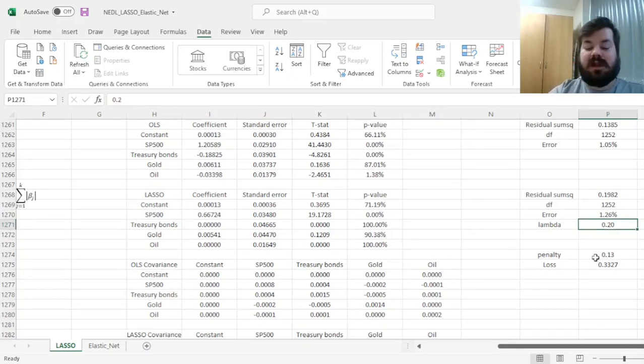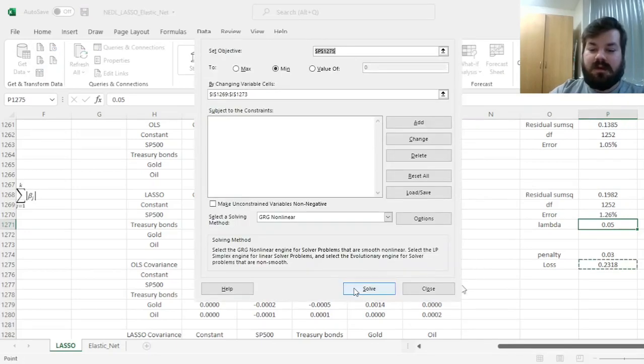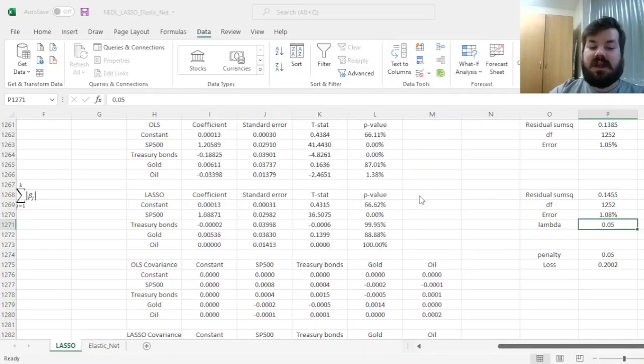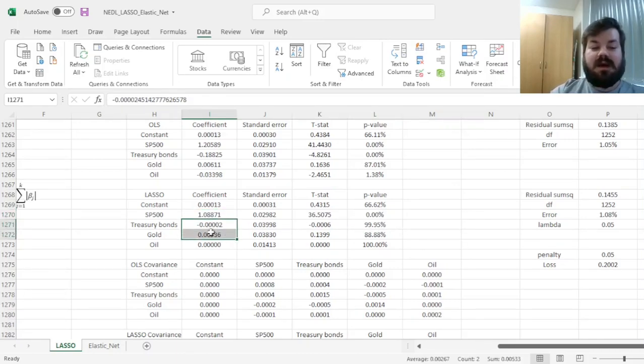If we play around with lambda, for example, reduce it further to 0.05, we'll be able to see that the results are now slightly different. The beta is now back being higher than 1, and we still have got some non-zero coefficients for treasury bonds and gold.